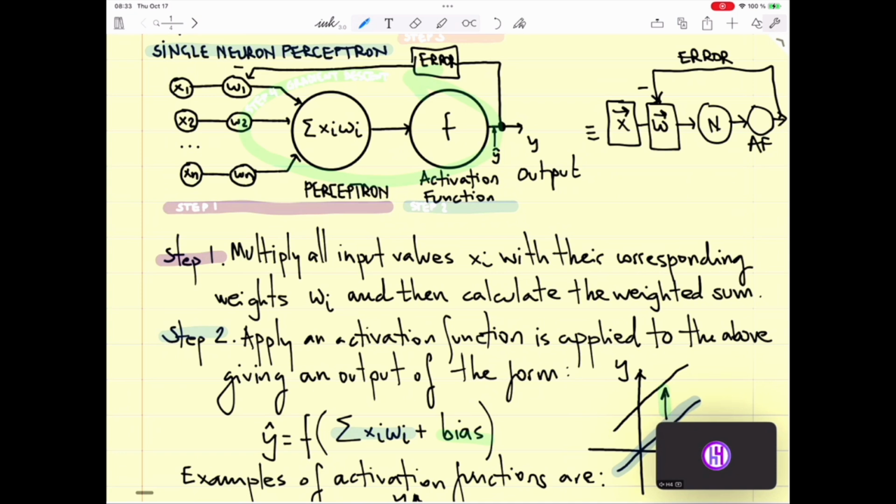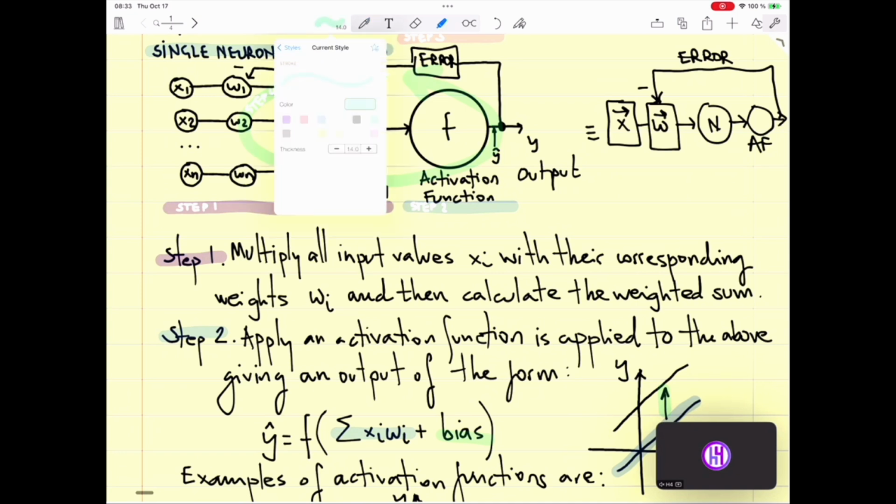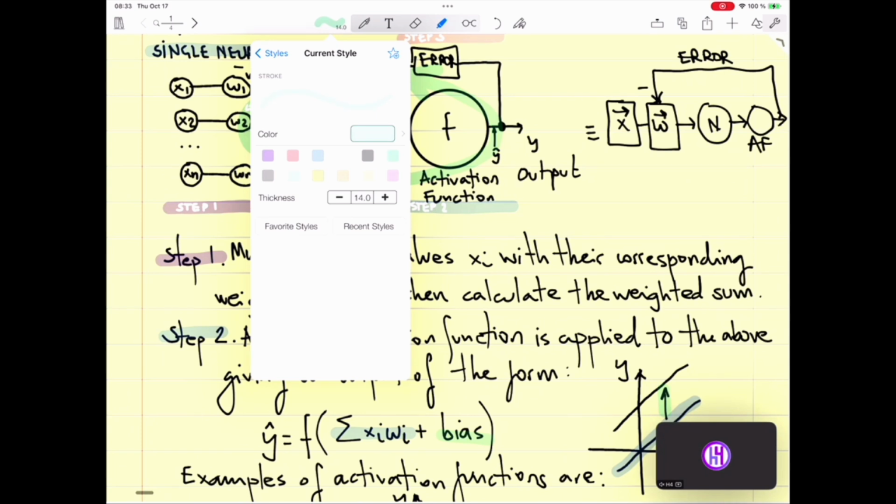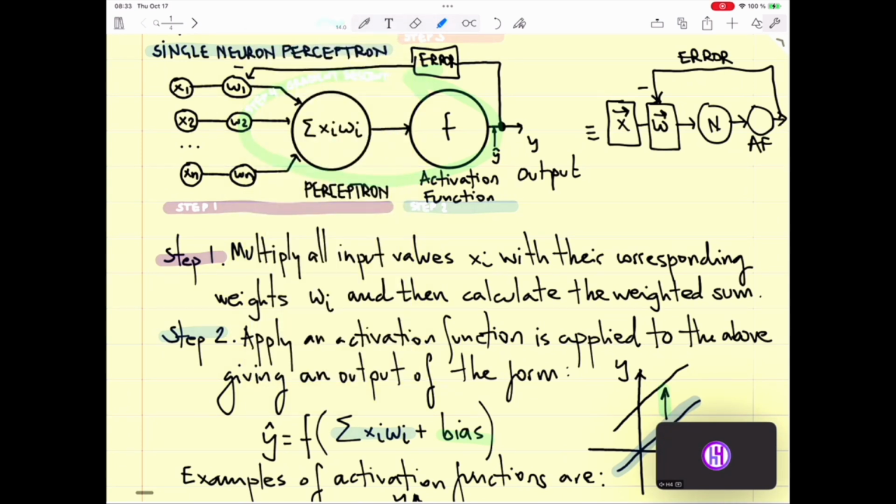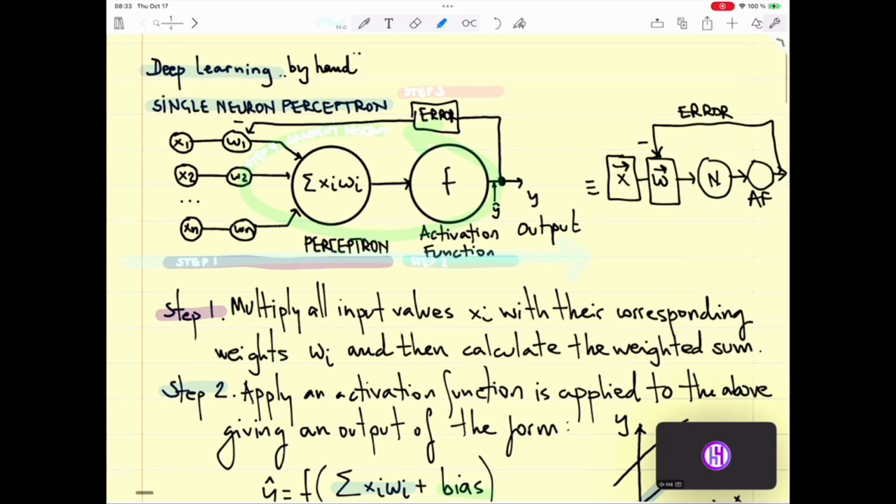So what we have here, step 1 and step 2, goes in one direction, and then step 3 and step 4 go in the opposite direction to update the weights, right?